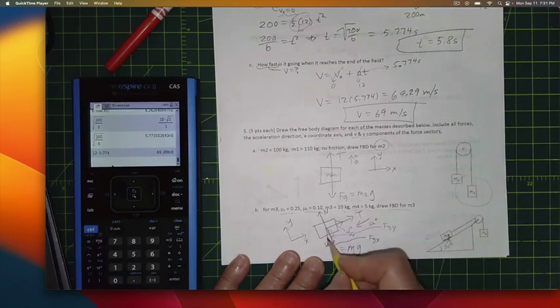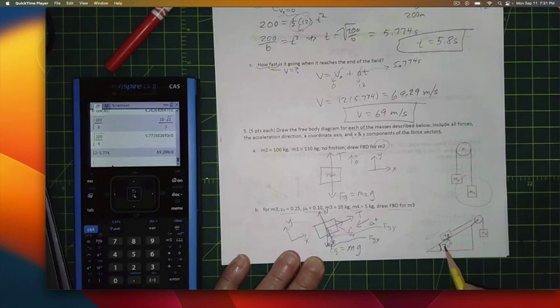The angle in here is going to be the same as the angle here.